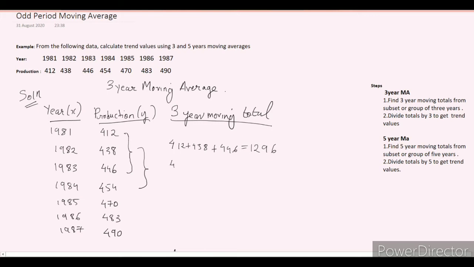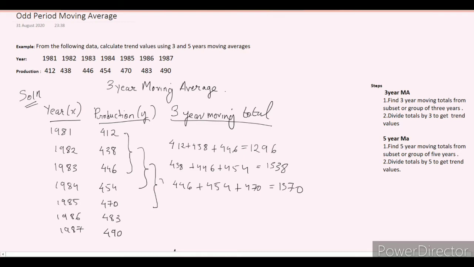You add the values, 438 plus 446 plus 454, and what you get is 1338. Then the next group or subset of 3 years, 1983, 84, 85. 1984 is your middle year, so you add the values and the total will be placed against that year. What you get is 1370.